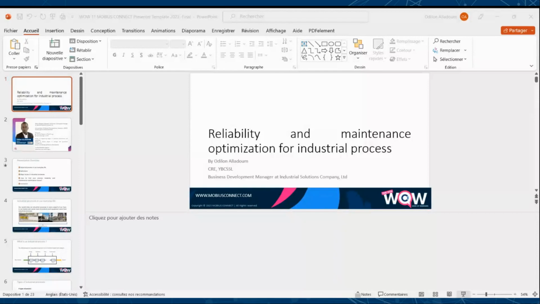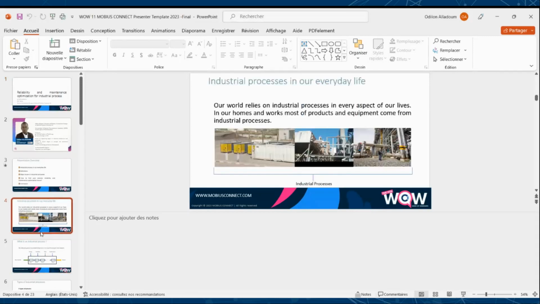I'm so sorry, but can you put your screen to full screen? We see a smaller version. It looks like it's not in presentation mode. I'm still in the first slide. Now I am moving to the next slide.